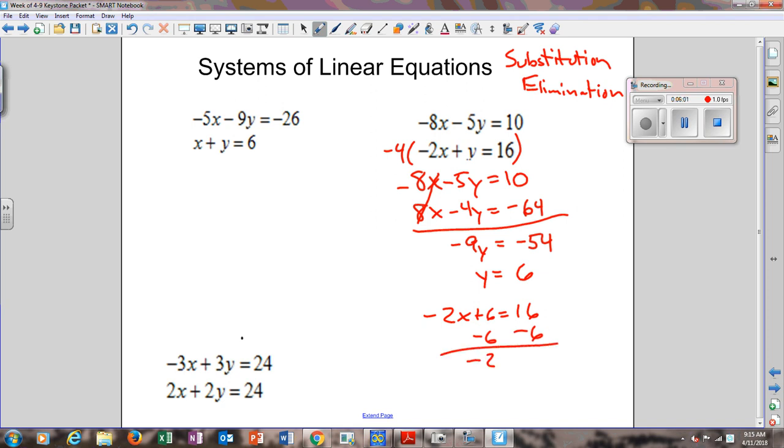It gives you negative 2x equals 10. So x equals negative 5. So your answer would be negative 5, 6. And this ordered pair represents the point where the two lines would intersect.